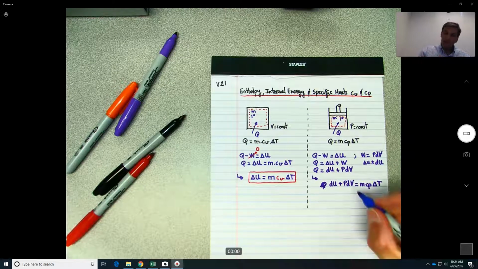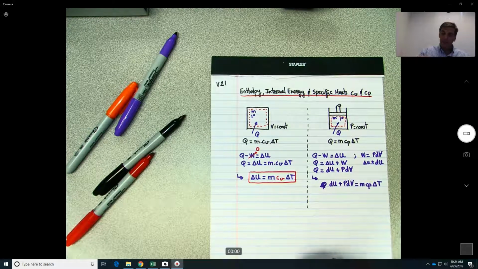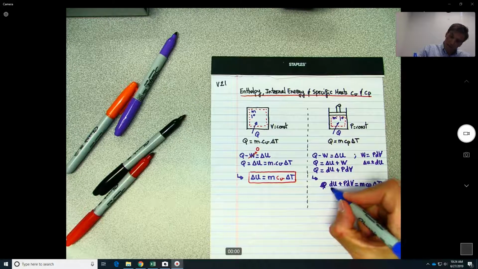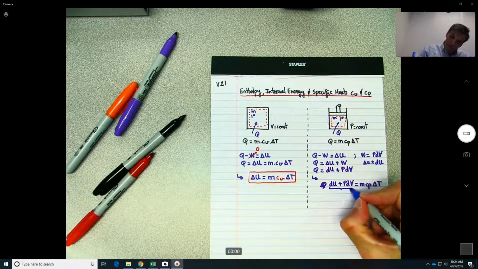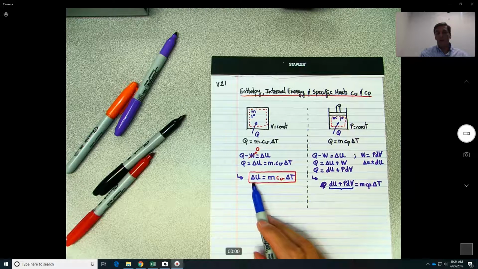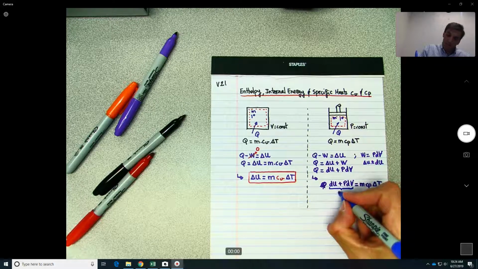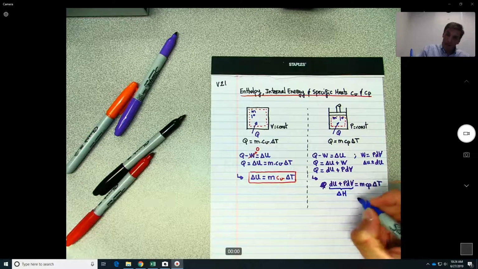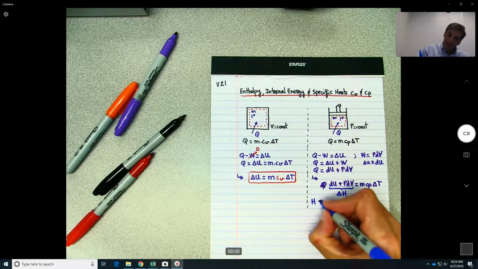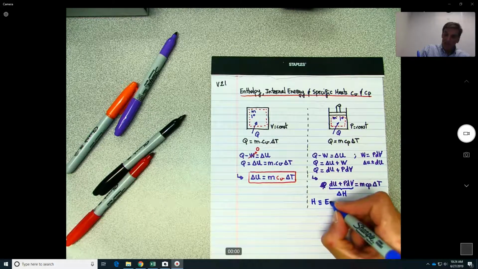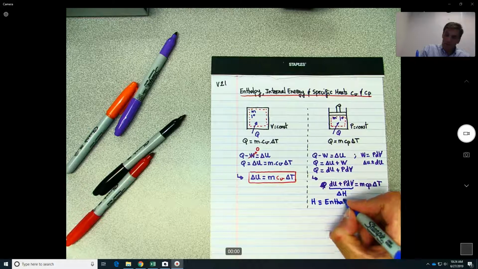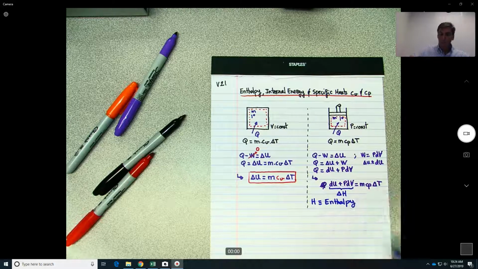So let me just rewrite this one a bit differently. Same thing, we add here delta U, let's call this one delta H, where H is what is defined as the enthalpy. Okay?